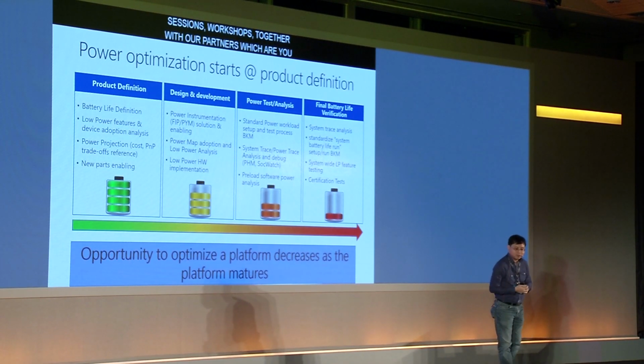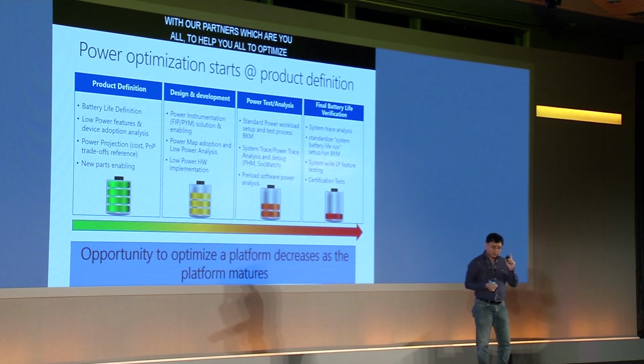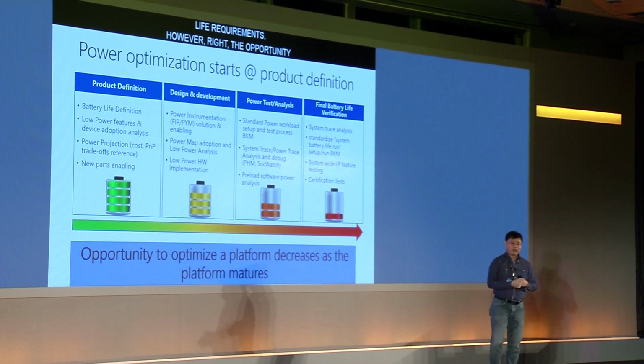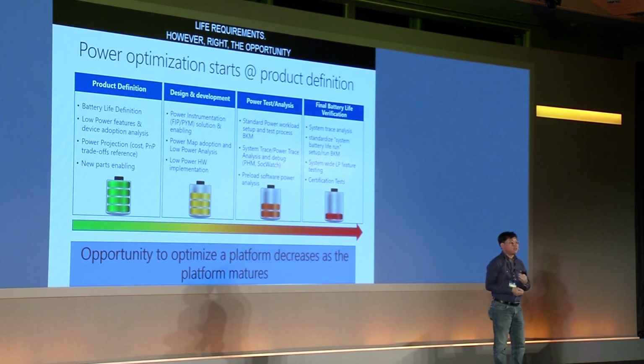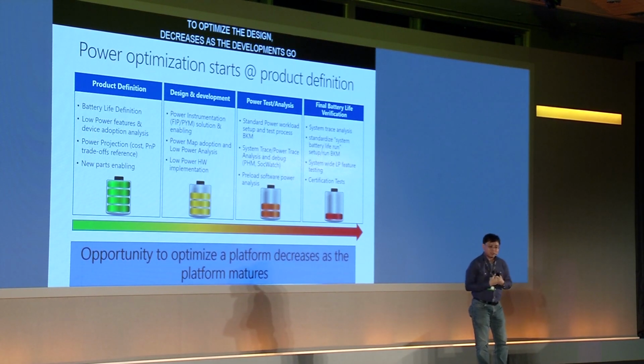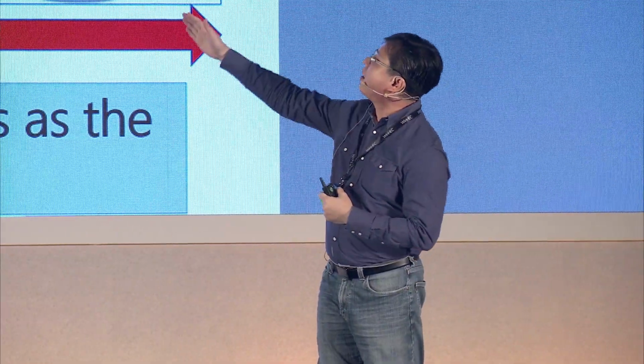However, the opportunity to optimize the design decreases as the development goes to the later stage. In many projects that we have supported before, our partners only approach us during the design and testing phases, where we were requested to do typical support like design reviews and debugging issues.